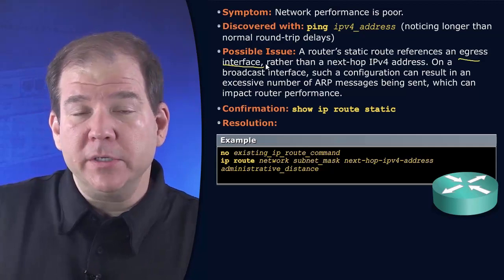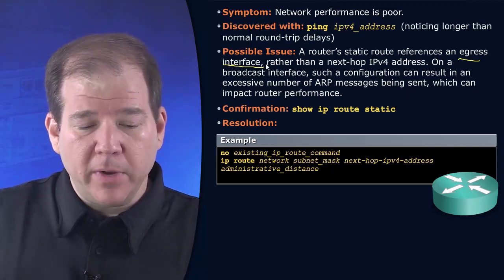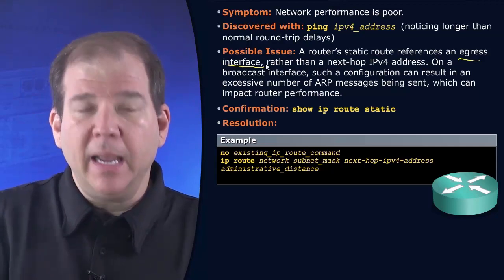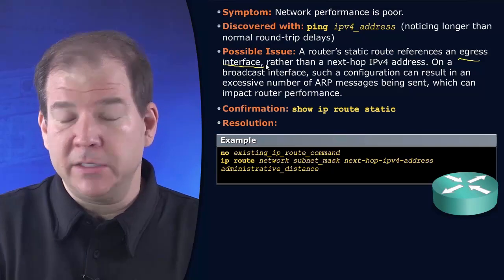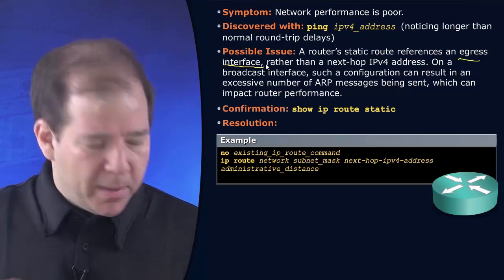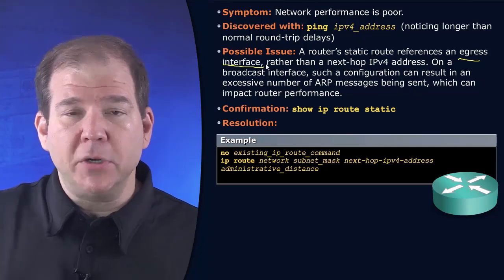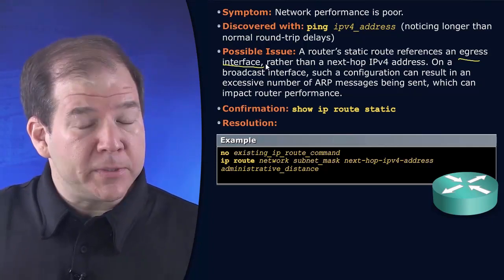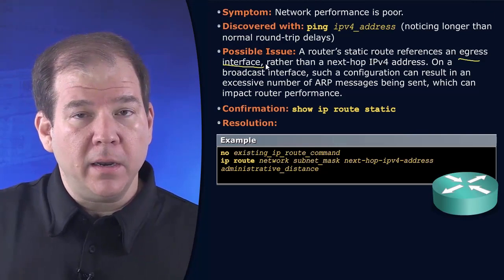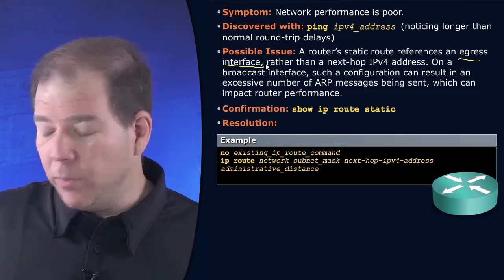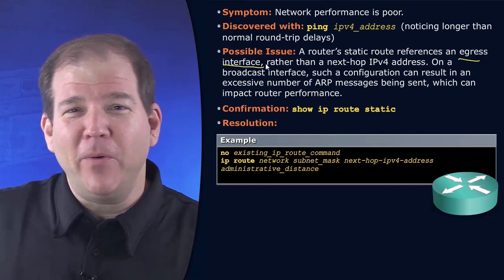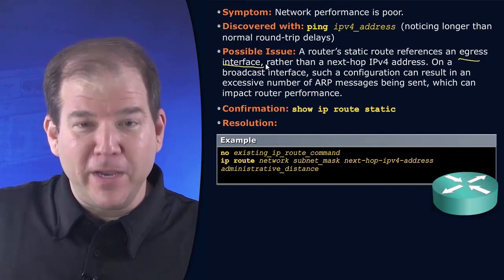In the example we just did, I used a next hop IP address, but maybe we specified an egress interface, and it's a broadcast interface. It's maybe a fast Ethernet interface, and that could lead to some performance issues. That could generate an excessive number of ARPs, and that could result in poor CPU performance. In fact, Cisco IOS even gives us a warning if we configure a static route like that.